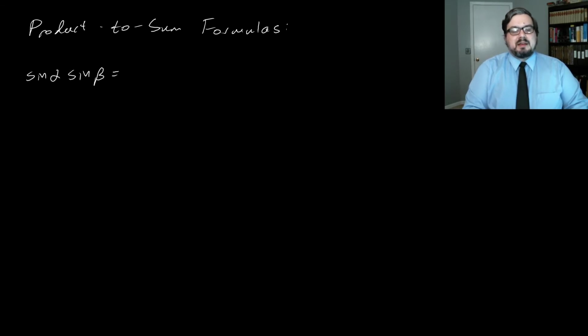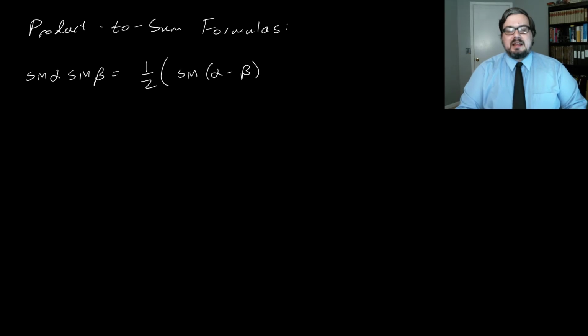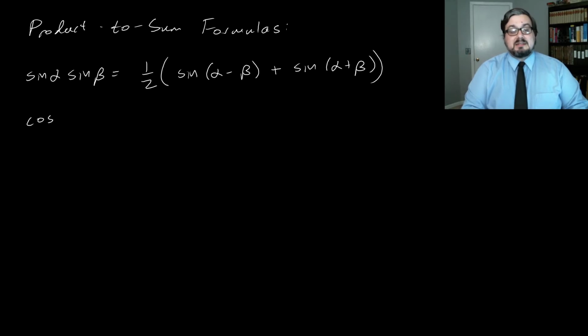So our product to sum formulas are we have that sine alpha sine beta is equal to 1/2 times sine alpha minus beta plus sine alpha plus beta. And I'm doing this so that we can keep things consistent throughout the whole thing.